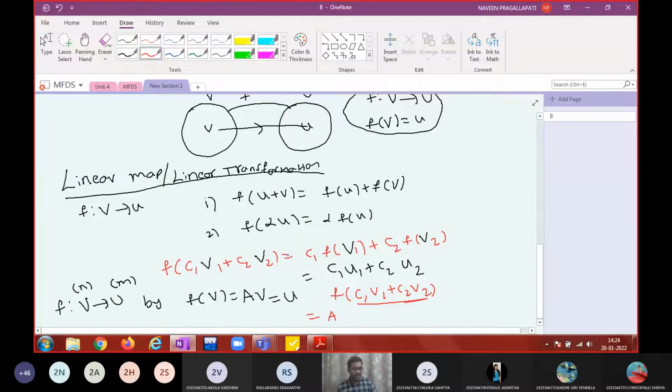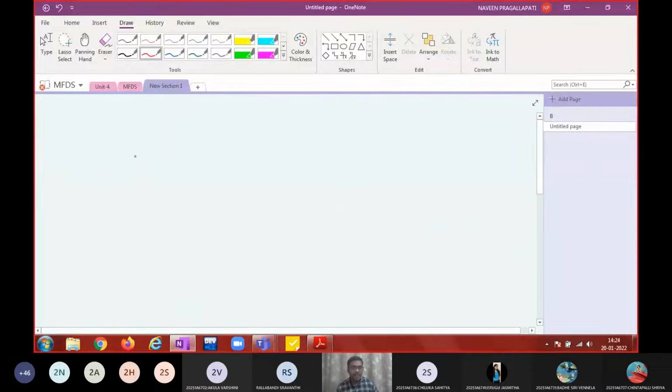So I will go to the next page. f of v is equal to A into v, where f is a mapping from an n dimensional vector space to an m dimensional vector space.